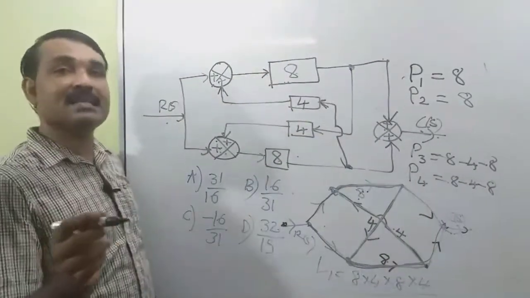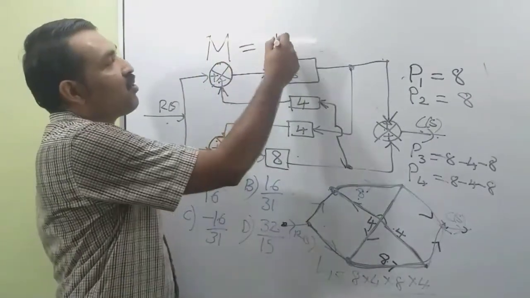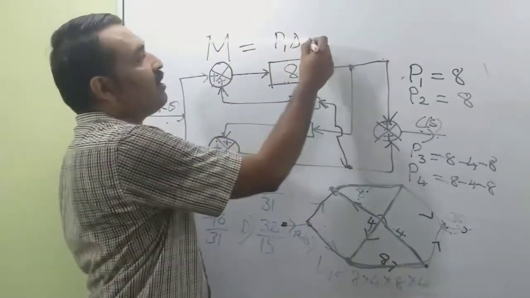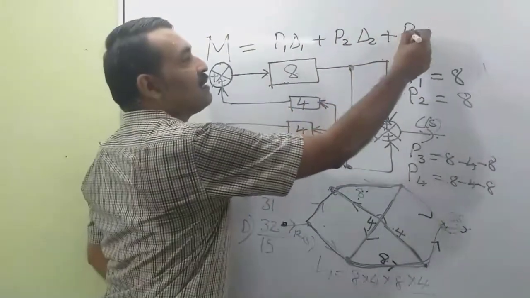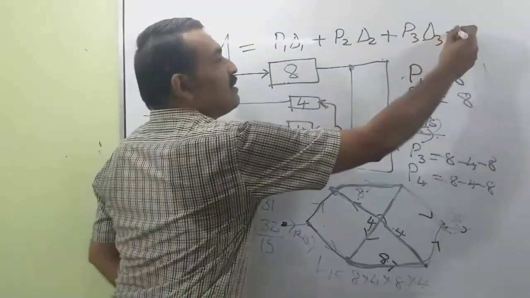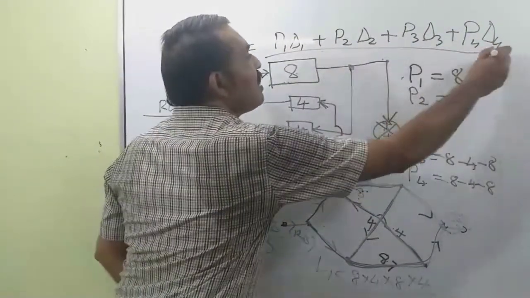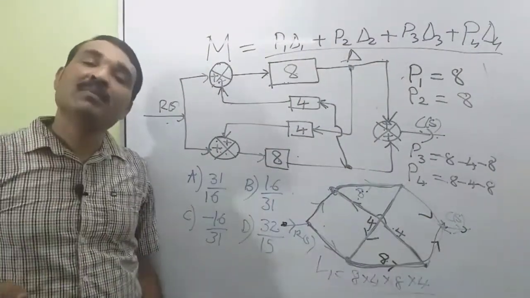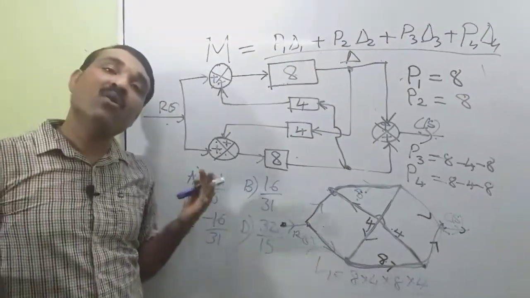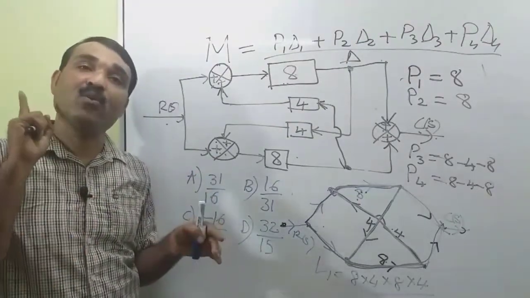So using Mason's gain formula, gain M is equal to P1 del 1 plus P2 del 2 plus P3 del 3 plus P4 del 4, whole divided by del. Since we have only one loop, that loop is touching all the forward paths. So the value of del 1, del 2, del 3 and del 4 is equal to 1.